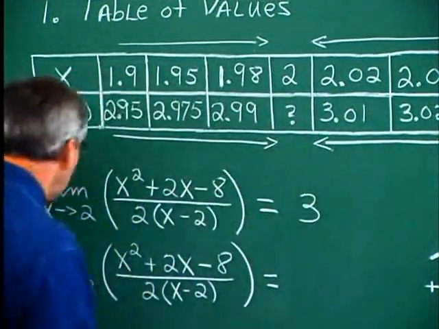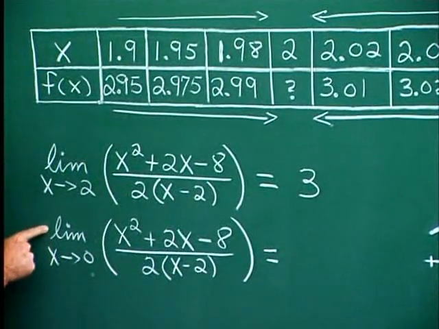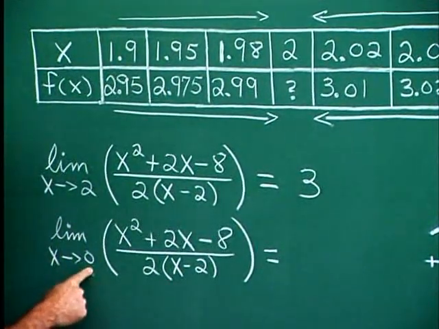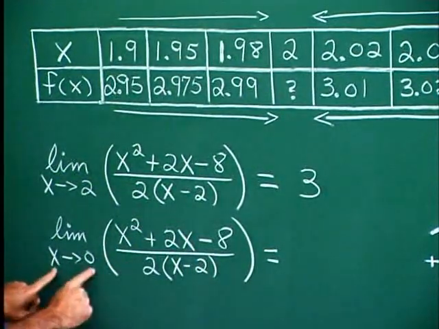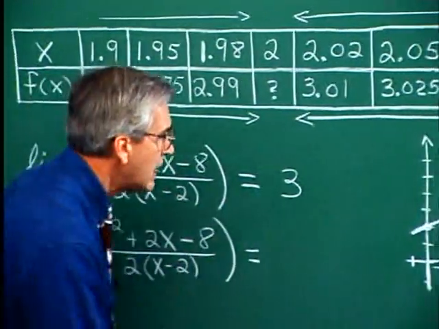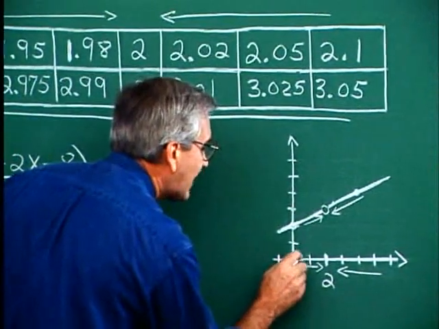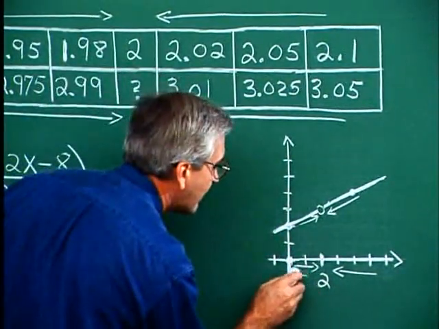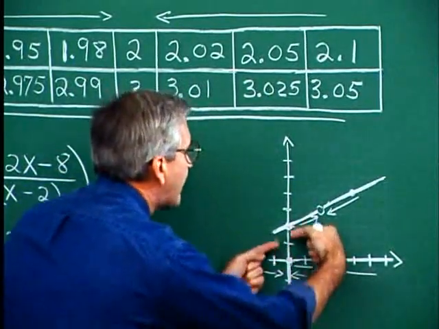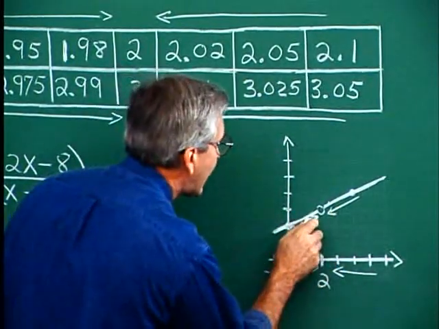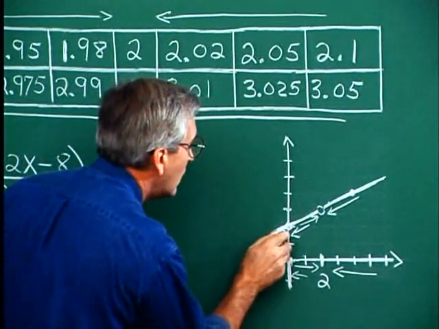Let's find the limit as x approaches 0. As x approaches 0, same function. Let's find out what that is. Come on over here. Here's 0. Now, as x approaches 0, as our value of x gets close to 0 from both sides, what is f of x approaching? You see, f of x is coming close to what value?